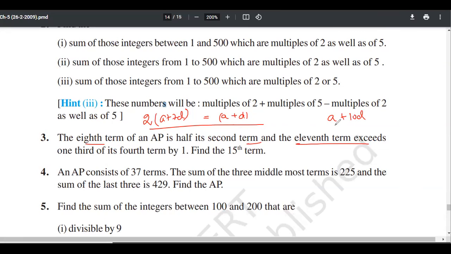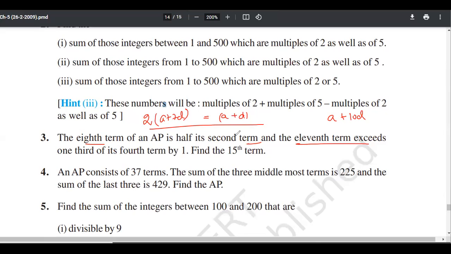Exceeds means ज्यादा है 1/3 of its fourth term. मतलब कितना ज्यादा है? by 1. यानी 11th term जो है वो ज्यादा है अपनी फोर्थ टर्म से. ठीक है, अपनी फोर्थ टर्म से कितना? 1/3 of its fourth term by 1.